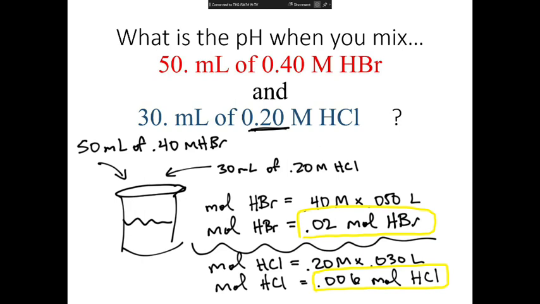So when you have multiple acids in there, you'll just add them up. I think that's 0.325. I've got 0.325 molar.